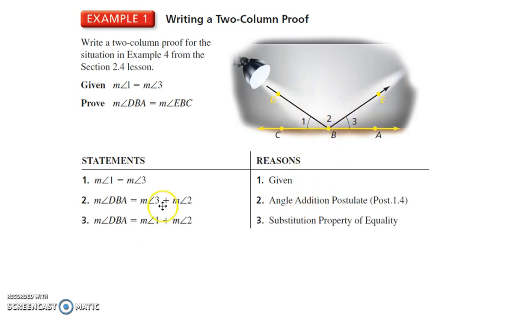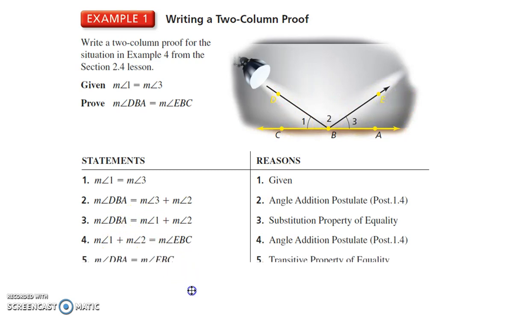Thirdly, we can substitute in 1 for 3 because we know these two are equal. Then, since EBC is 1 and 2 added together and DBA is 1 and 2 added together, I can use the transitive property: 1 is 2, 2 is 3, so 1 must be 3.